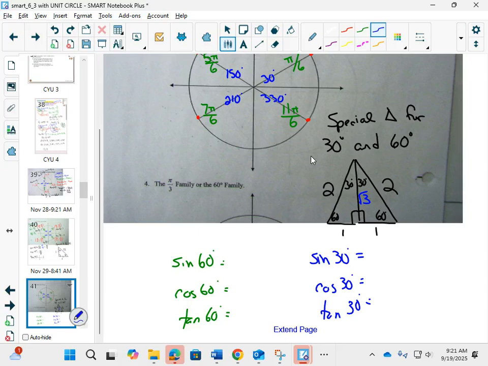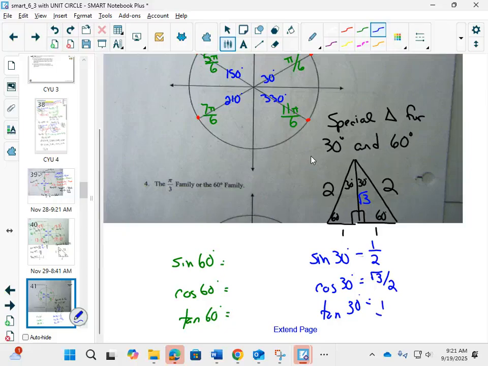Sine. There's my 30 degrees. Opposite over hypotenuse. 1/2. Cos of 30 degrees. Adjacent over hypotenuse. Root 3 divided by 2. Tan of 30 degrees.